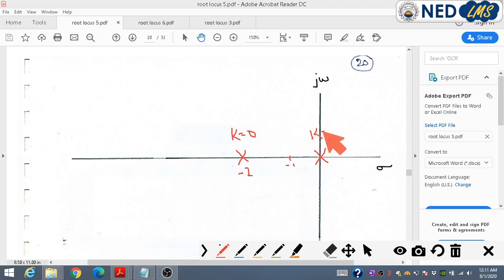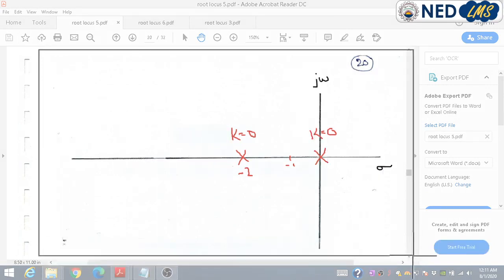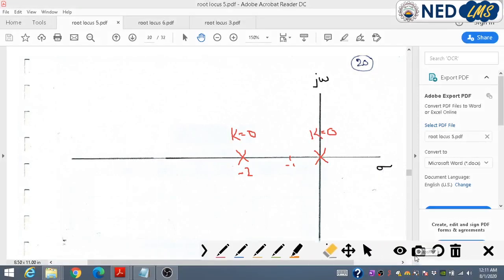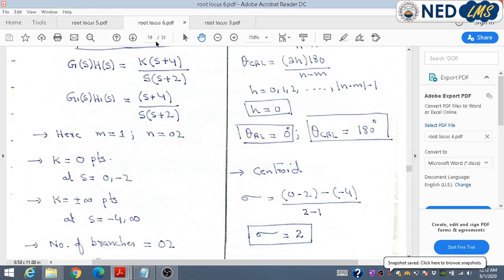So we have two K0 points. I would like to save this image for use next time. So we have mapped the poles. Now the zero is at -4, and it is the point where the controller gain is plus minus infinity.